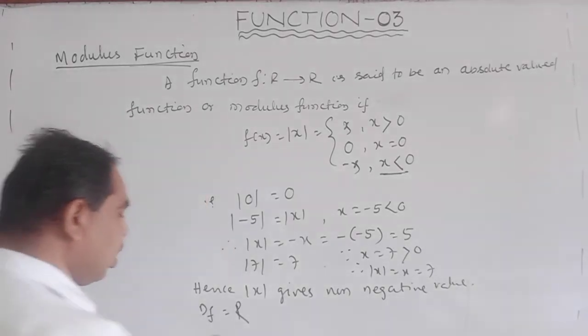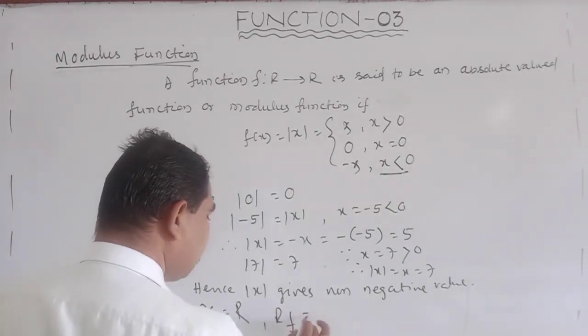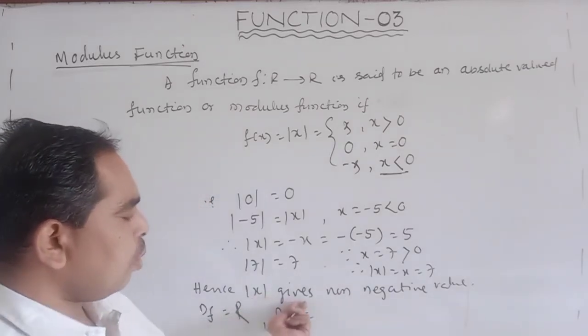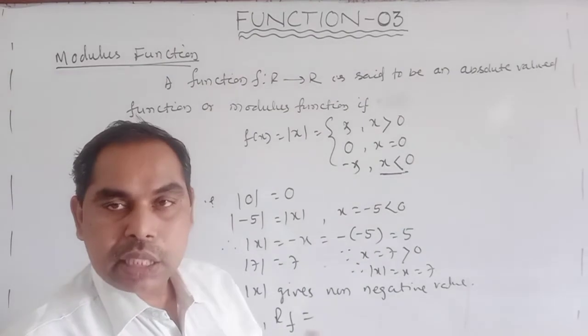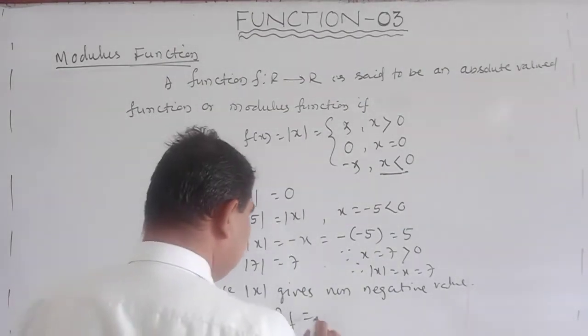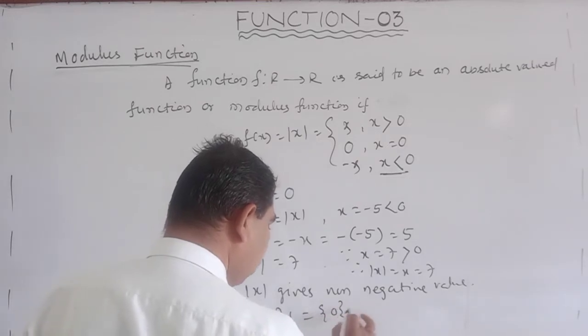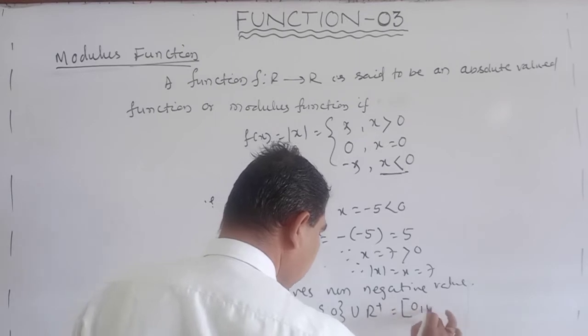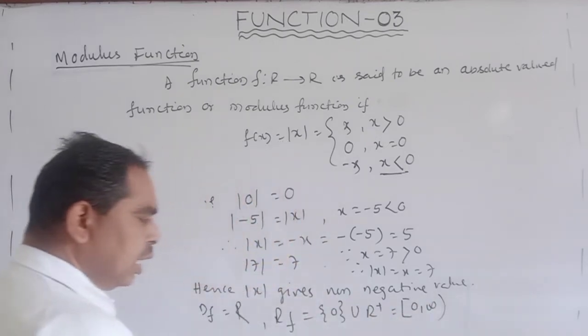And the range of f: mod of x gives a non-negative value, meaning only positive and 0. So the range of f is equal to curly bracket 0 union R plus, that means 0 to infinity, so 0 is included.